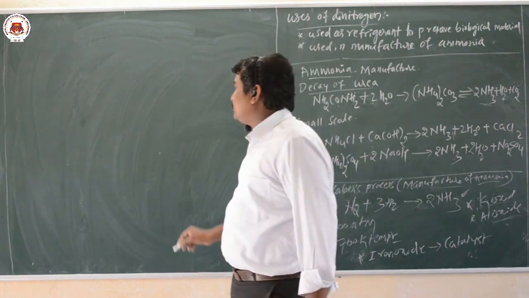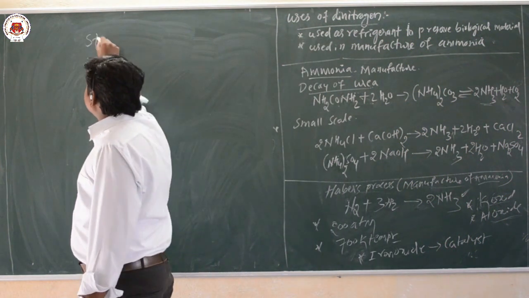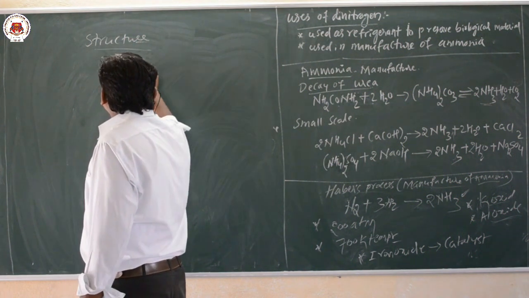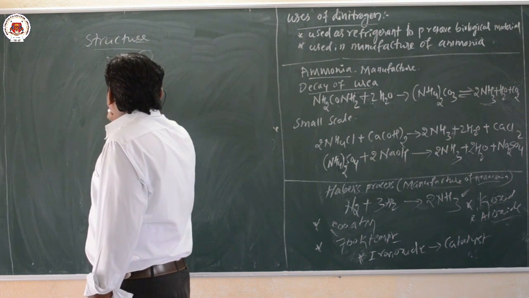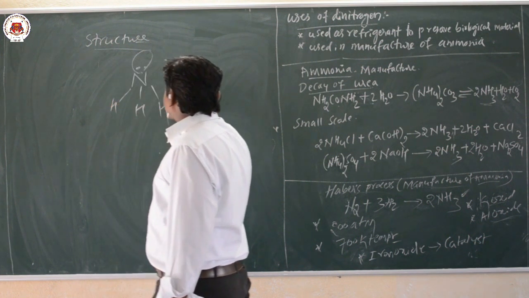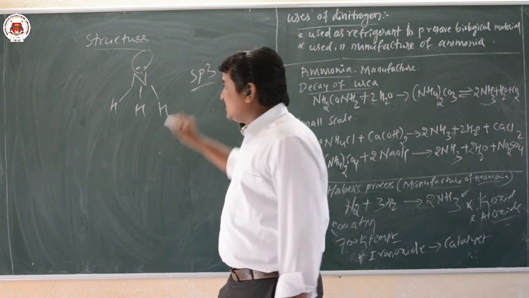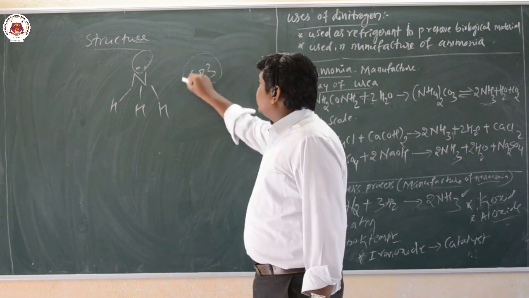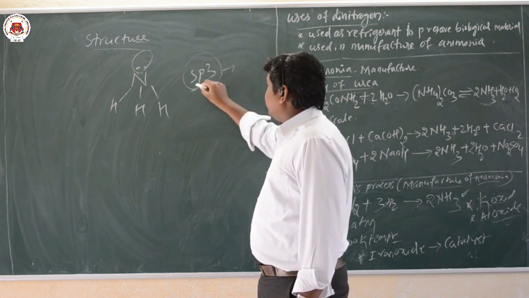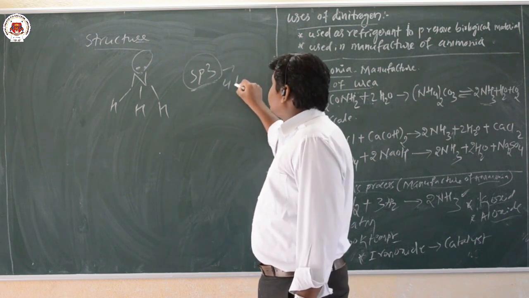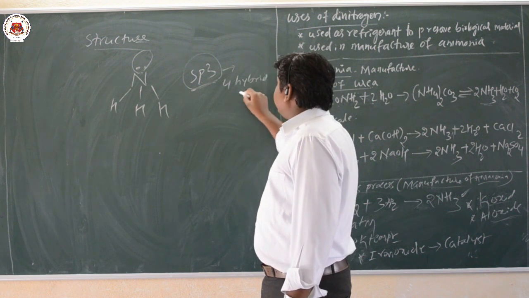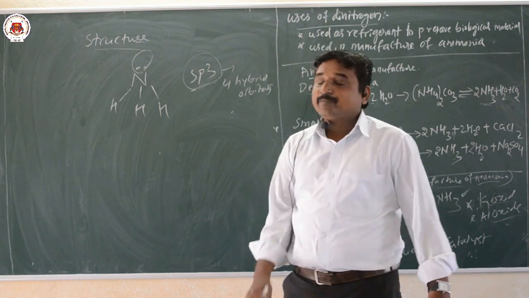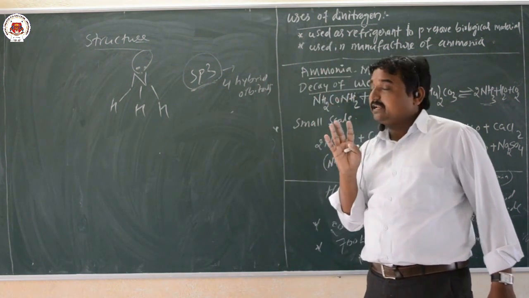Now the next concept is the structure of ammonia. Already we know that the nitrogen of ammonia undergoes sp3 hybridization. Because of this, there is a formation of 4 hybrid orbitals, and these 4 hybrid orbitals are oriented at the 4 corners tetrahedrally.